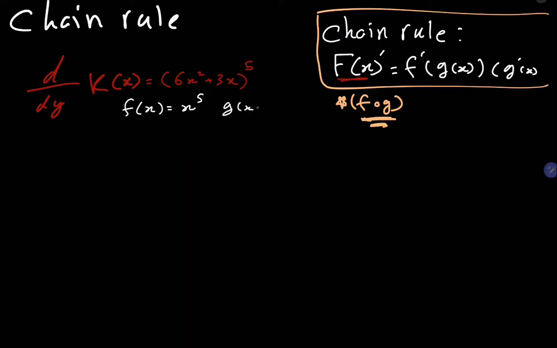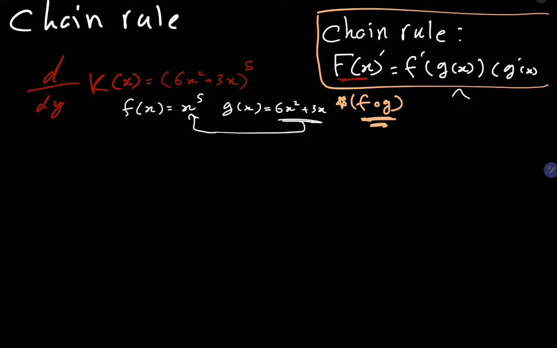The g of x is gonna be 6x squared plus 3x. Hopefully it makes sense. We just put this here inside of this, which is basically the same thing as we did here.